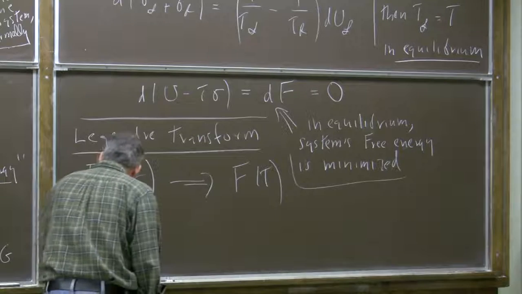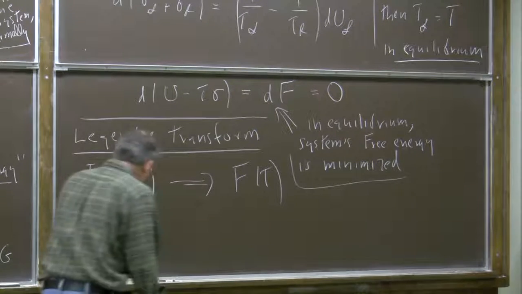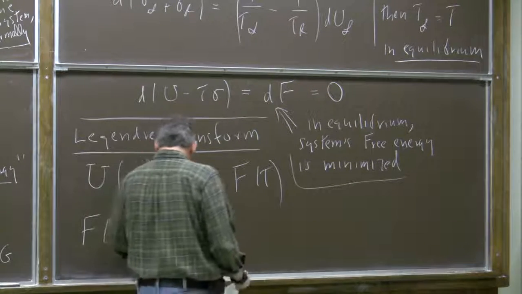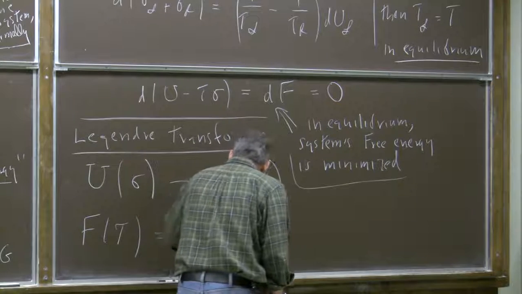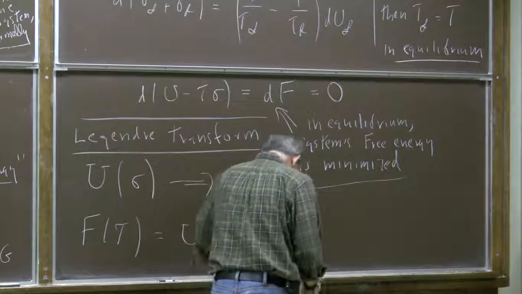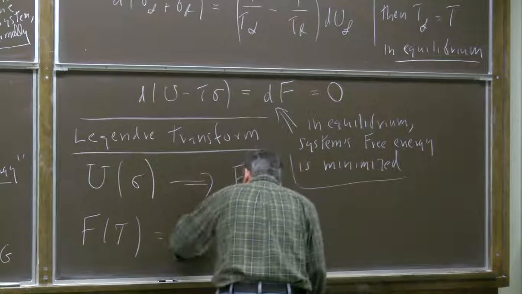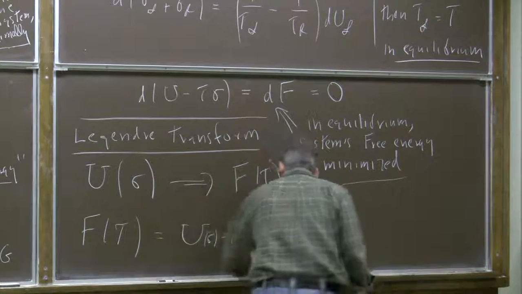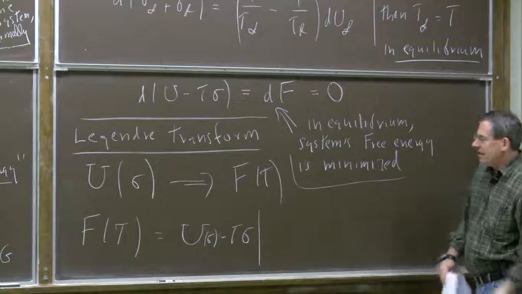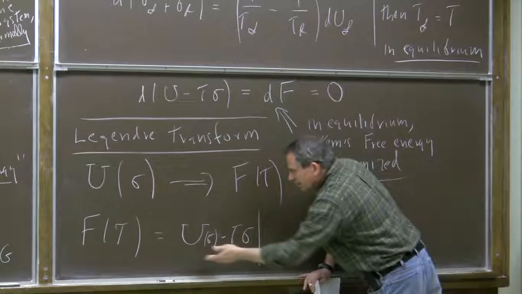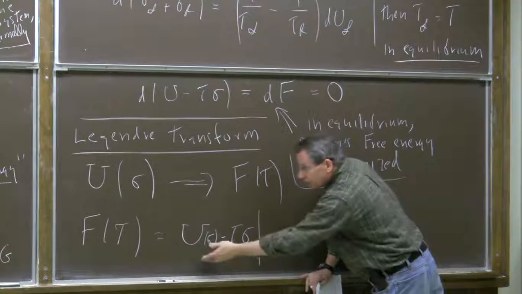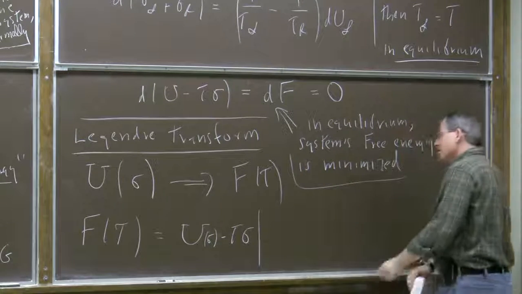And we can think of it this way: the free energy, a function of the temperature, is equal to the quantity U minus tau sigma, and it's evaluated at a particular value of sigma, namely the value such that the first derivative with respect to sigma of this expression is equal to 0.